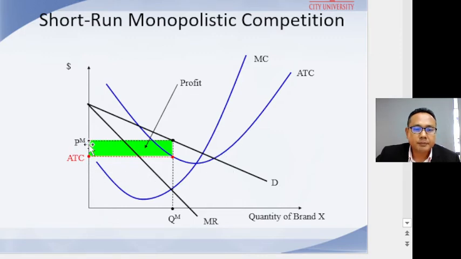This is the price for monopolistic competition, and then the average total cost, and this is the area for profit. So we must produce where the average total cost crosses here, and of course average total cost must be lower than the price of monopolistic here.